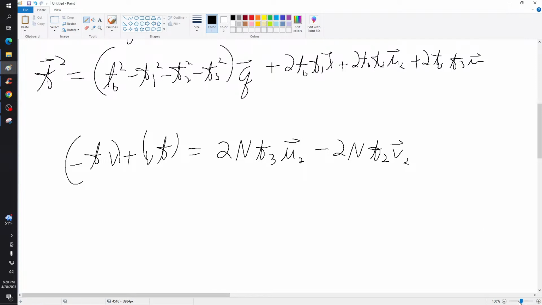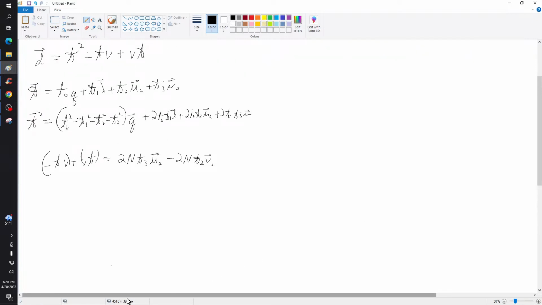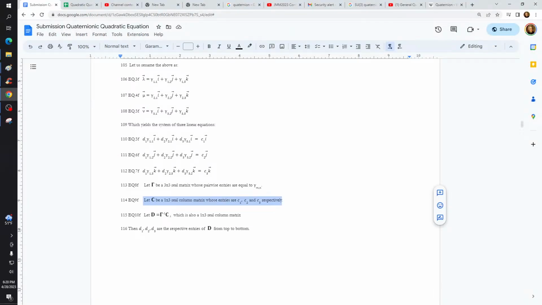This is going to be the end result. And this vector is orthogonal to lambda. It has no lambda parts. Okay? And it's also orthogonal to our unknown t variable, and therefore our unknown t squared variable. So what we end up with is a system here.